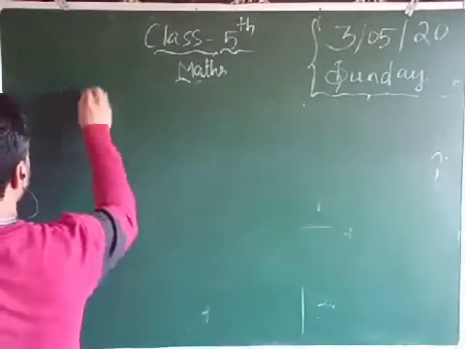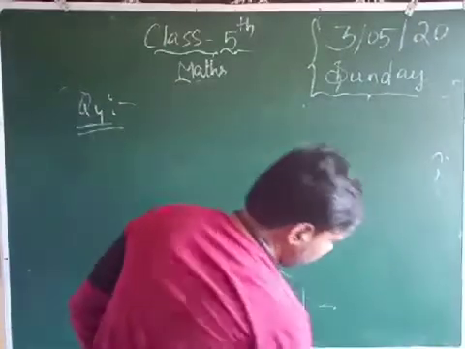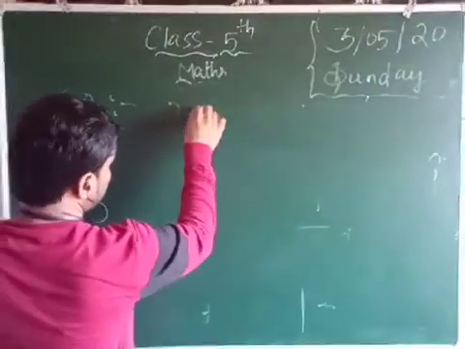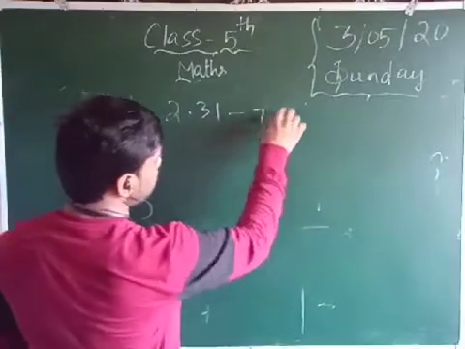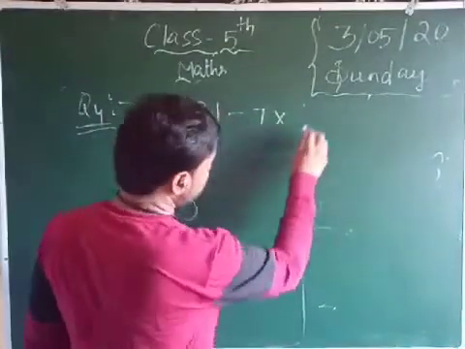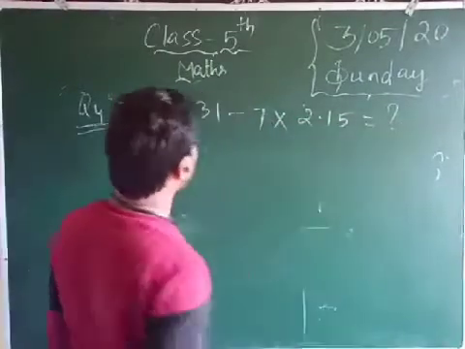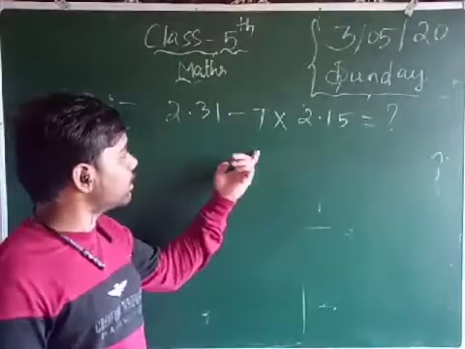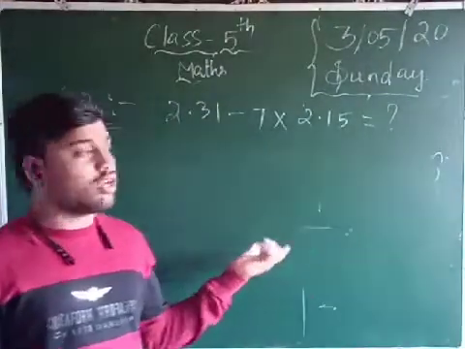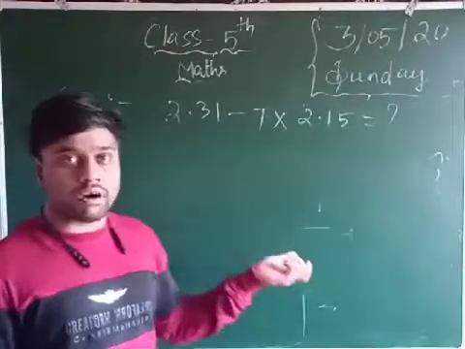Now question number 4. Now 2.31 minus 7 into 2.51. As the previous class said, you can solve it with BODMAS.